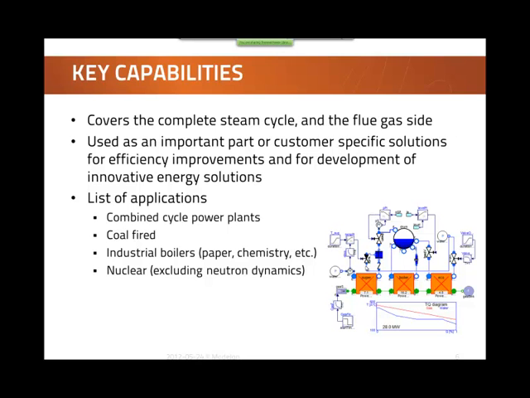You can use it, for example, for combined cycle power plants, and there's an example of that to the right. We have used it for modeling coal-fired power plants, and for investigating and modeling industrial boilers for different industries, for example paper or chemistry. It's also possible to use it for nuclear, but the library does not include the neutron dynamics. It's possible to model the steam and water parts, for example.